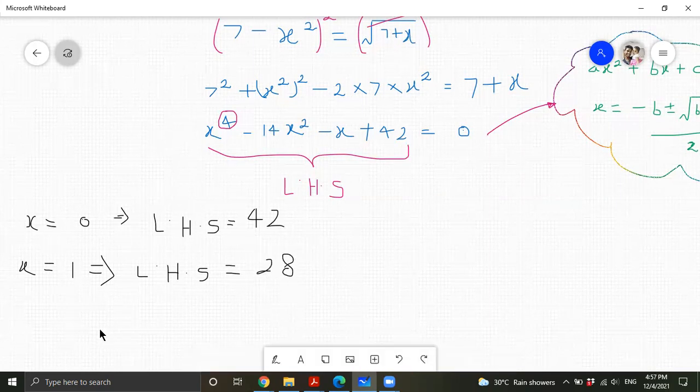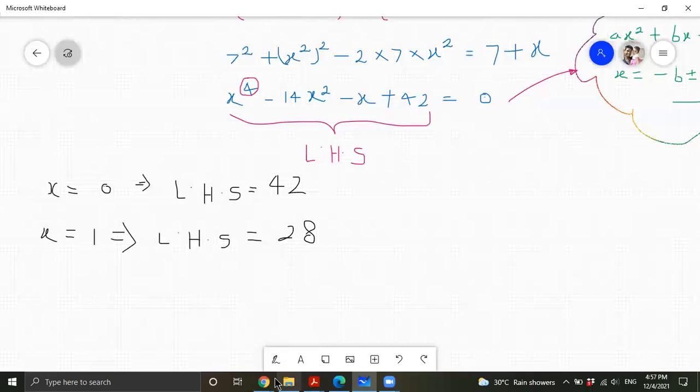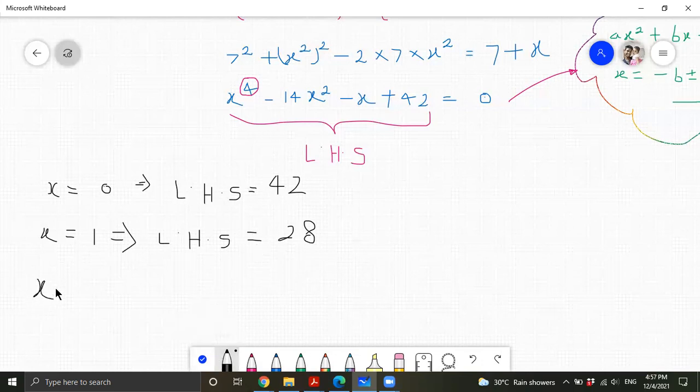That's also easier. Then we'll try the next, since it's reducing. First it's 42, now it's 28. So I think in the next or after next iteration, it will become 0. Hope that will happen. So when I put x equals 2, yes, of course, it's 0, right?